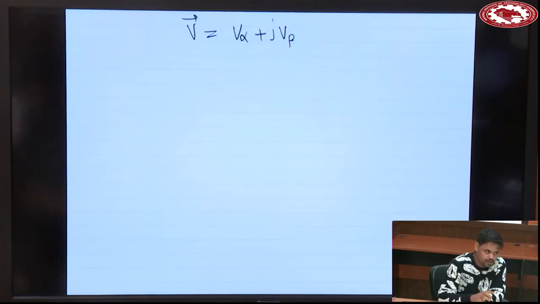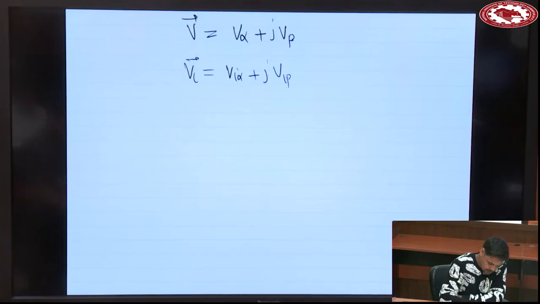It can also be written in the DQ frame. Suppose you replace all the vectors by alpha and beta components. So Vi becomes Vi alpha plus j Vi beta, Vg becomes Vg alpha plus j Vg beta.